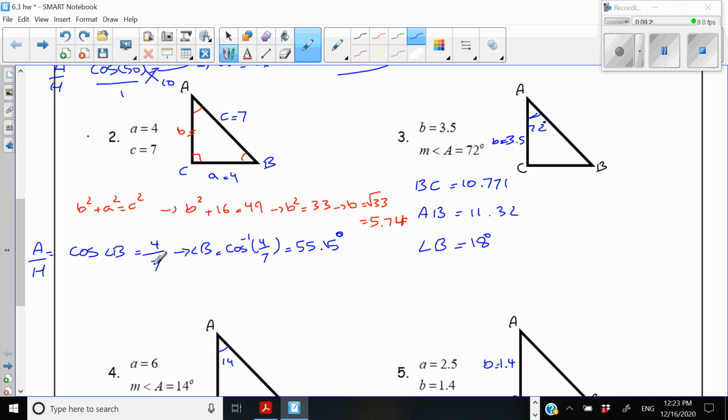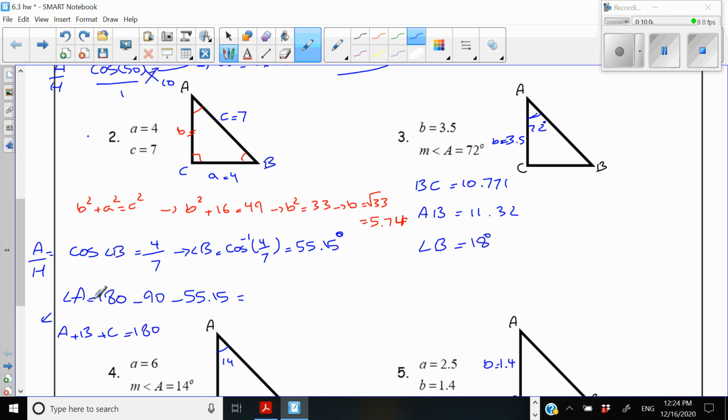So I found B. Now I can easily find A. Just subtract the sum of these two from 180, and you will find A. So I'm going to write angle A is equal to 180 minus angle C, which is 90, minus angle B, which we found as 55.15. Once again, the reason I'm doing this is because A plus B plus C is equal to 180.